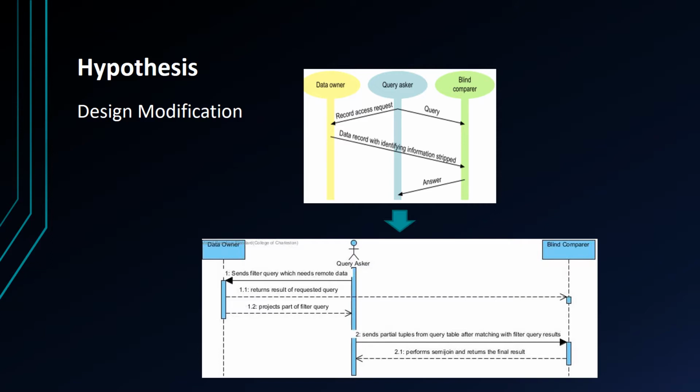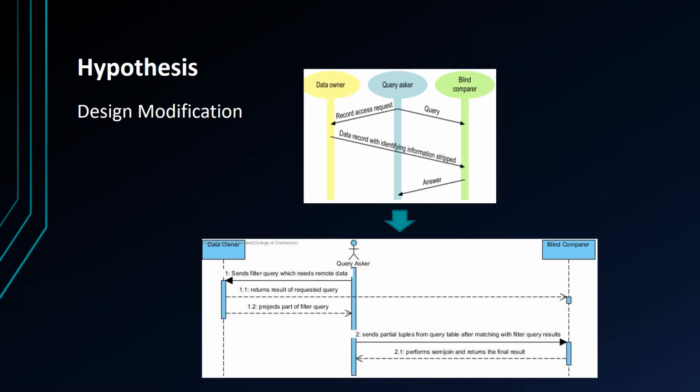And then the query asker matches the data which came from the data owner with the matching attribute of the joining table, that is the cross join of the local tables. Finally, it only sends those records which match to the blind comparer. And then the rest of the process is similar to the previous one.